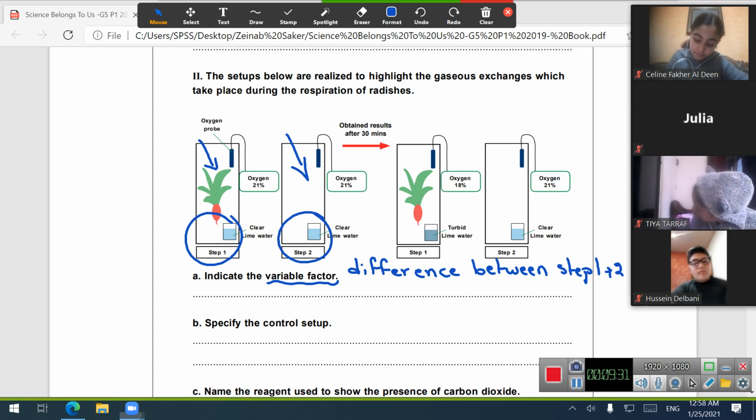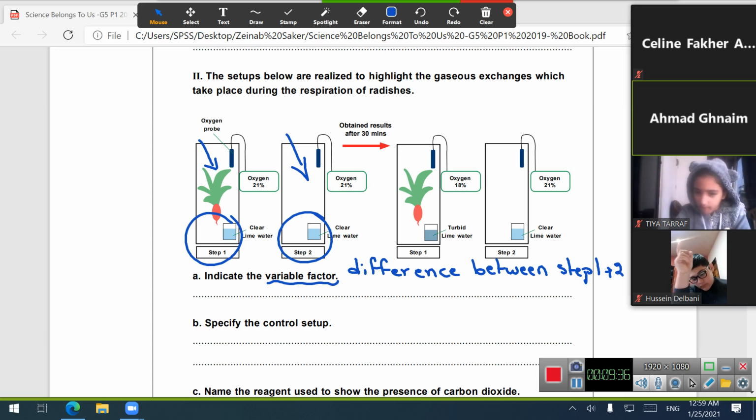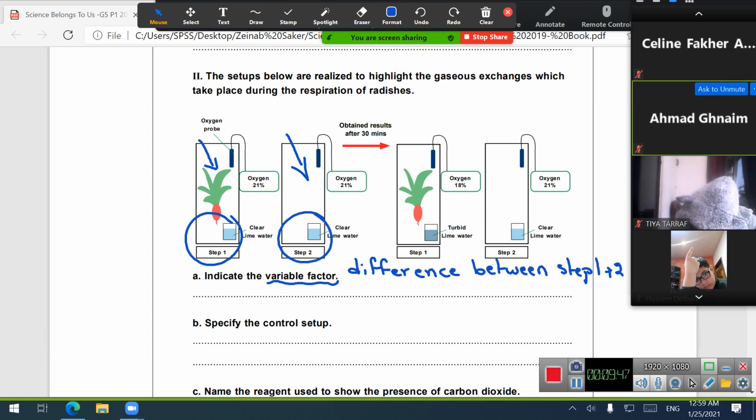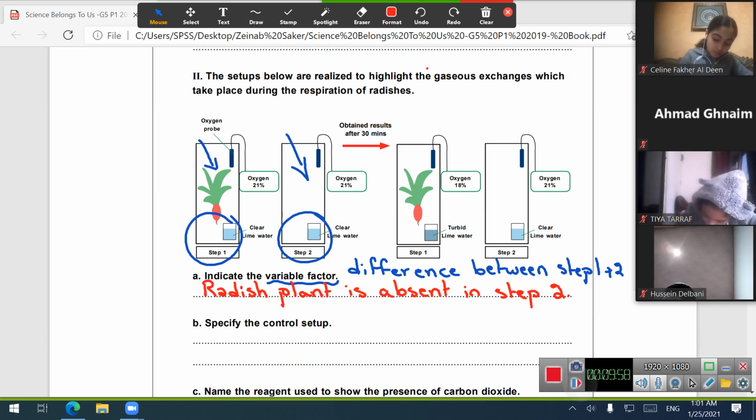Okay, Ahmad, what is the difference between step 1 and 2? In step 1 there is a plant, but in step 2 there is no plant. Excellent, Ahmad. So in step 1 there is a radish plant, while in step 2 no radish plant is introduced. So the answer is: radish plant is absent in step 2. Also, we can write radish plant in brackets, absence or presence.